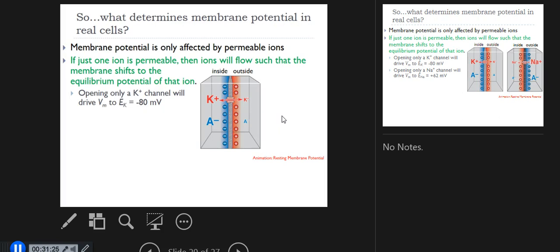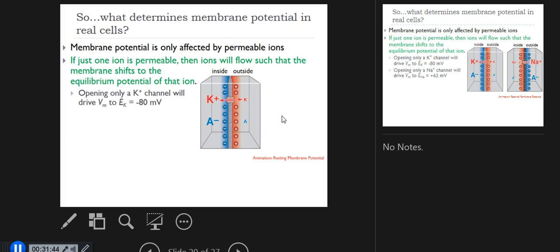So if we imagine a neuron in which only one ion, let's say only potassium, is permeable, then ions are basically just going to do what they did in our thought experiment here. They're going to flow such that the membrane will shift from the current membrane potential to the equilibrium potential. So this is what we did before.